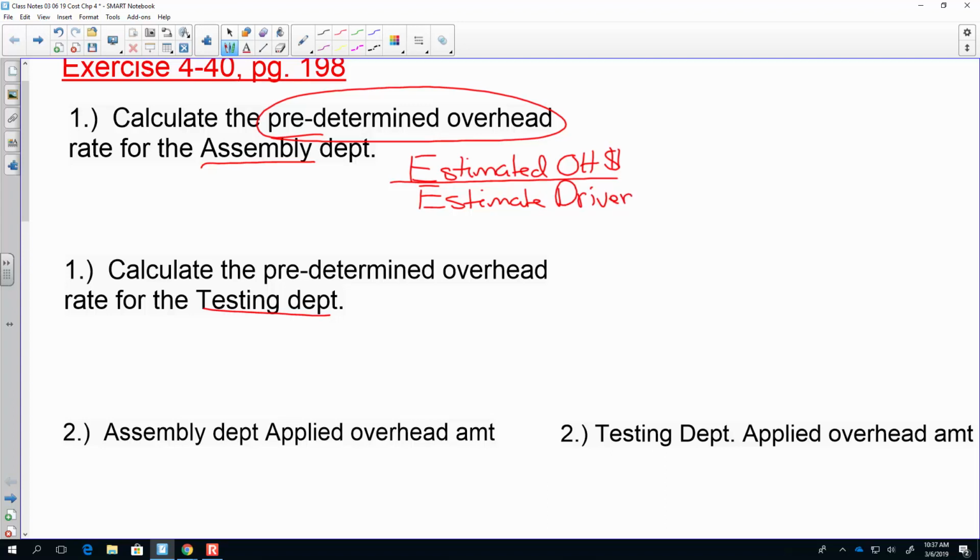Sometimes the author calls it an activity driver, some sort of way that we can track hours, time, dollar amount for a particular, in this case, department. So at the beginning, you see the word estimate, right? So in the assembly, we have an estimate of how much in dollars?